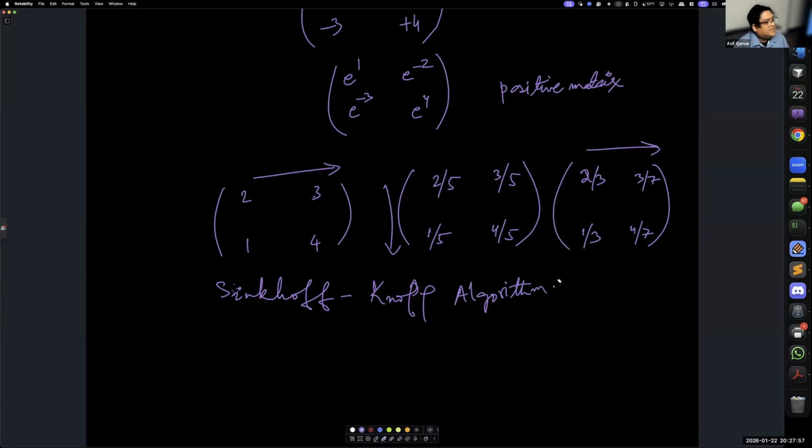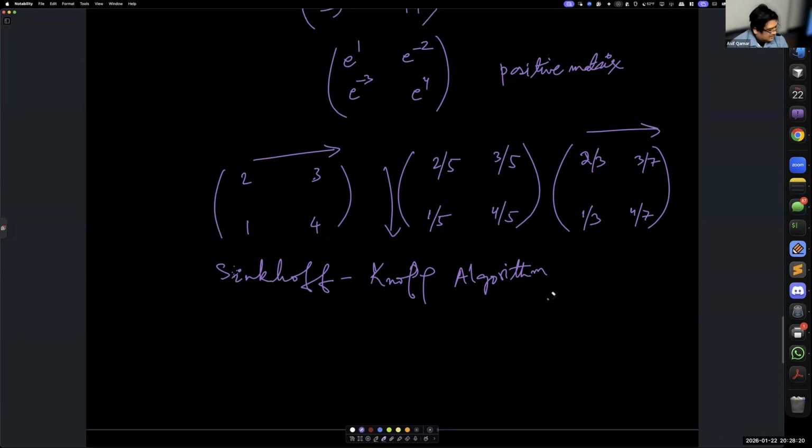At the end of it, it will make a matrix into a doubly stochastic matrix. Big mouthful word, right? Doubly stochastic matrix. But what does a doubly stochastic matrix do? Basically, a multi-channel signal, when it goes through that mixer, will still come out conserving the signal intensity. That's all it says.